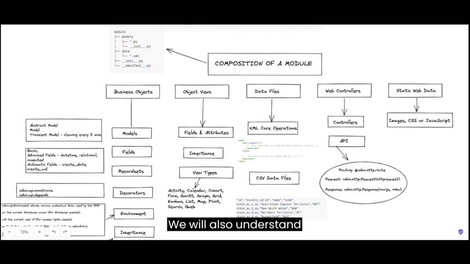We also understand how static data are being used. This static data you can create or have your images, CSS files, and JavaScript files there. These files can be used in your views, and we are going to be looking into that.